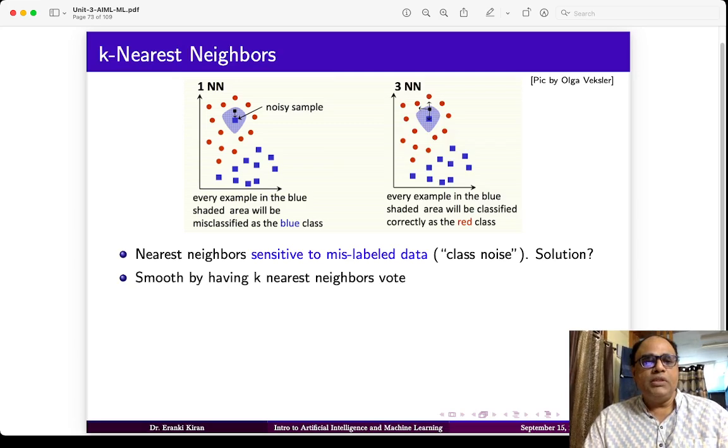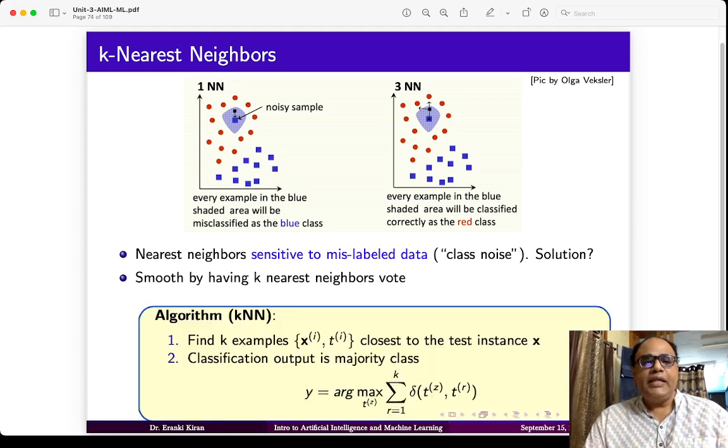So one way to control this noisy behavior in the data set is by smoothing the k nearest neighbor distance metric. You analyze the data points which are in close proximity, and then revalidate the classifier to see if they actually belong to this class or not.